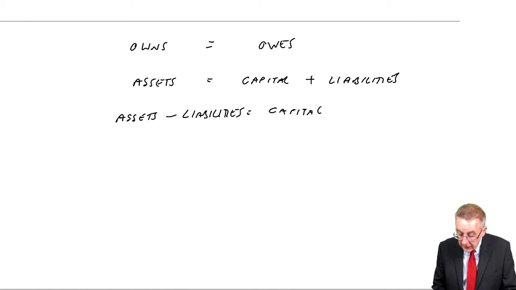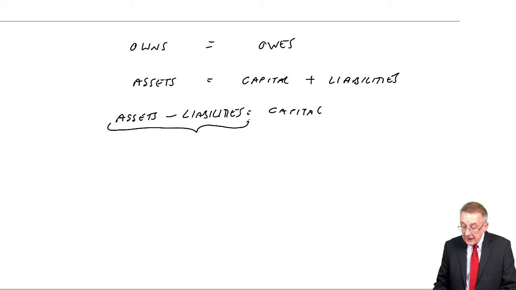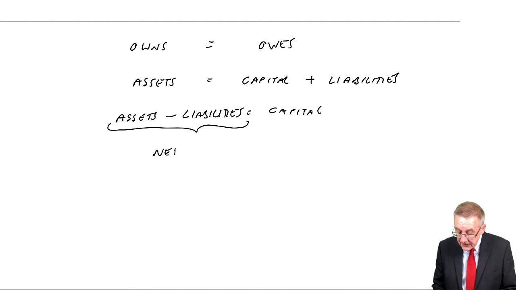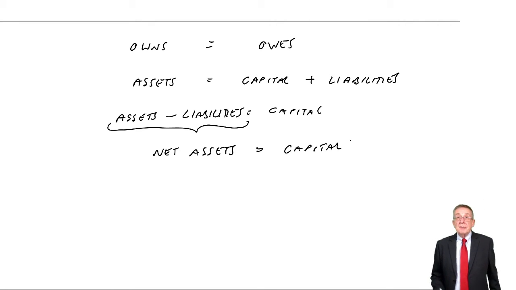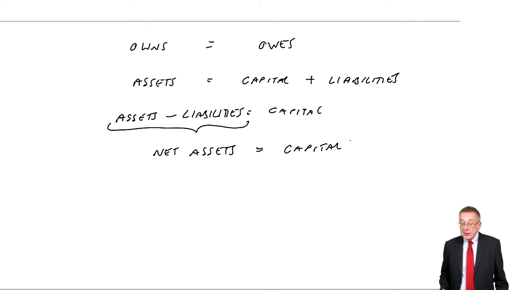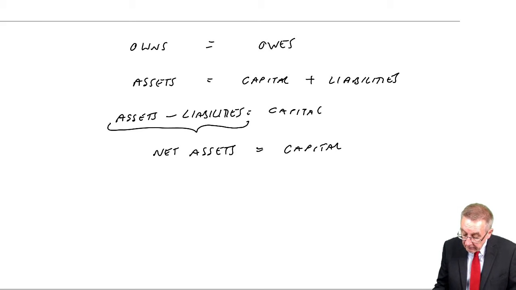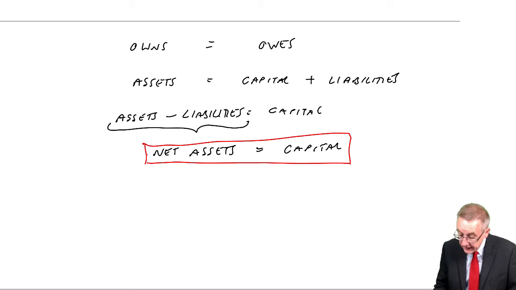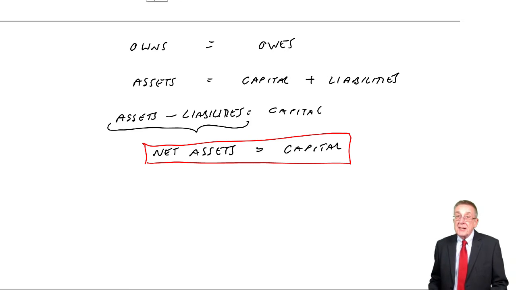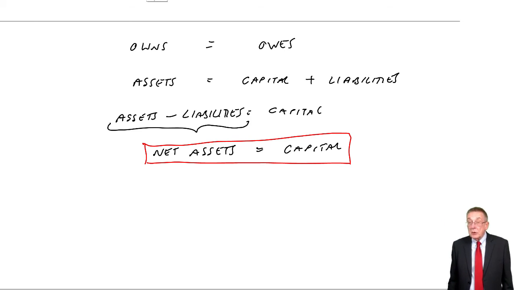Well, one more bit of terminology. Another word for assets minus liabilities is the net assets. And so there is the first of our accounting equations: always, at any point in time, the net assets of the business will equal the total owed to the owner, the capital.